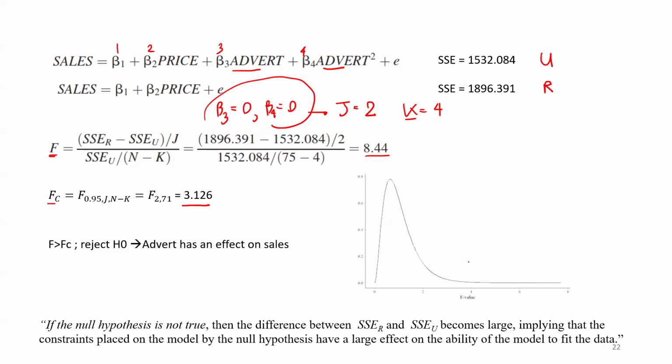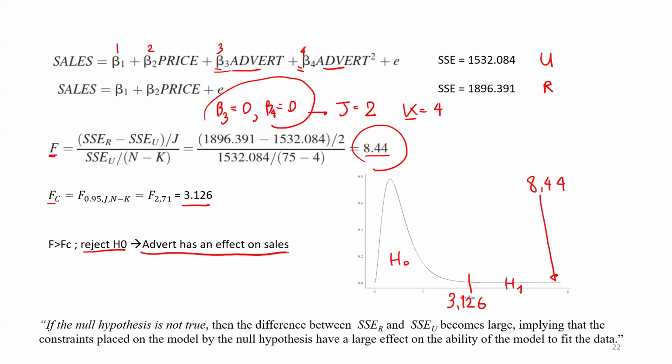Draw the positive skew critical value 3.126, H0 and H1, and your calculation is greater than the critical value. Then you conclude that you reject H0, which means at least one beta is not 0. Okay, if one beta is not 0, it means advertising has an effect on sales.